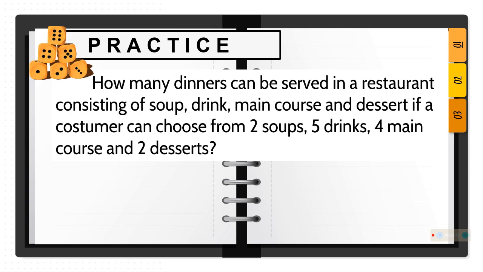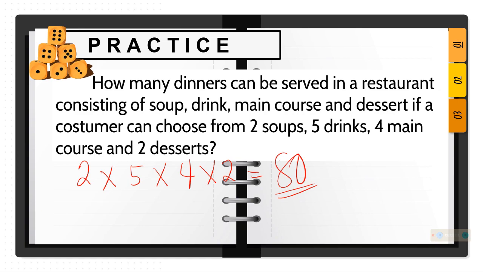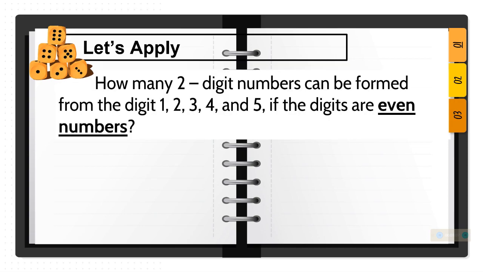Okay, so we have here 2 times 5 times 4 times 2 is equal to what? Okay, so that's correct. So we have 80 combinations. Okay, so any question?